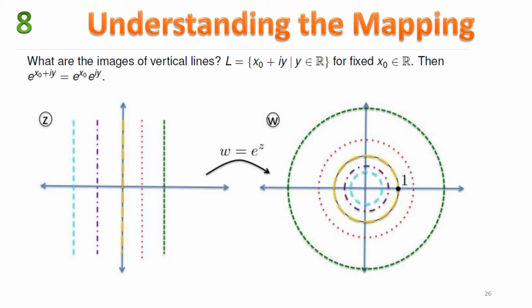Now let us suppose that we are considering this as the real axis, and the vertical one is the imaginary axis. And now we are going to consider a vertical line which is exactly the imaginary axis.